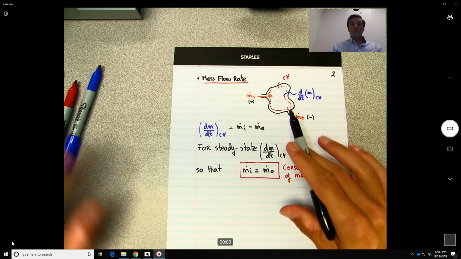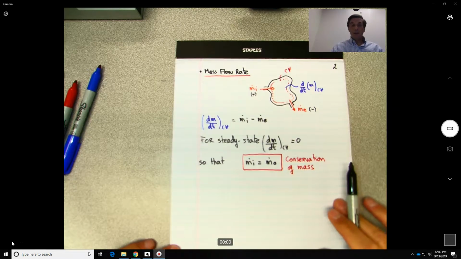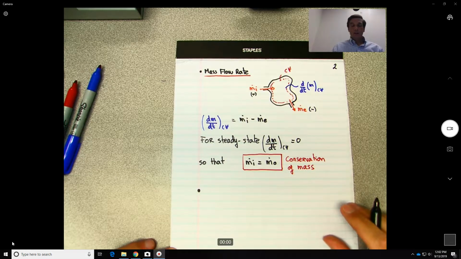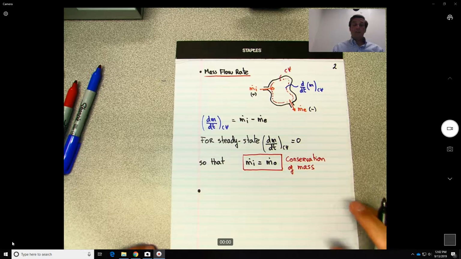So now that we know this, we can do something similar for the first principle of thermodynamics for an open system.